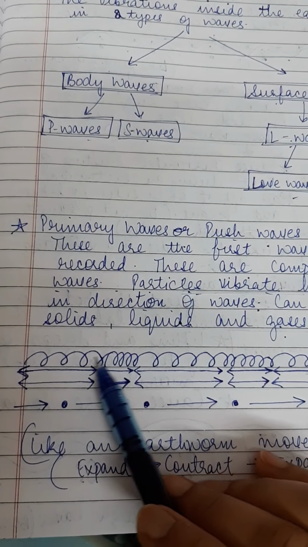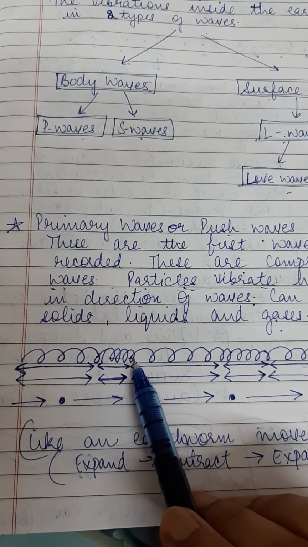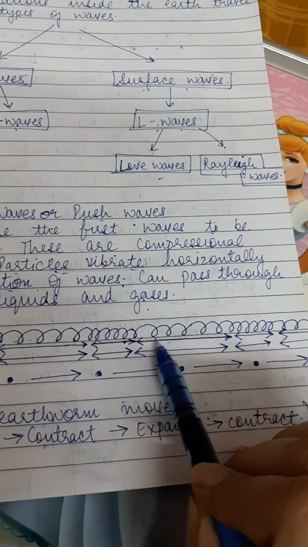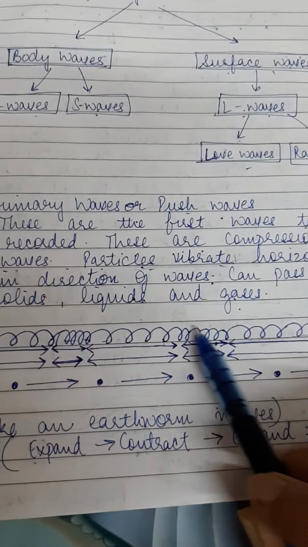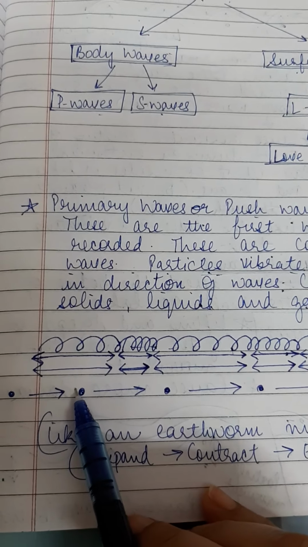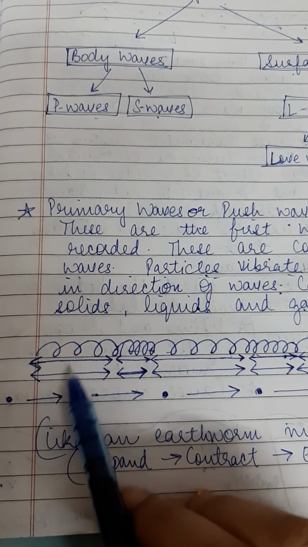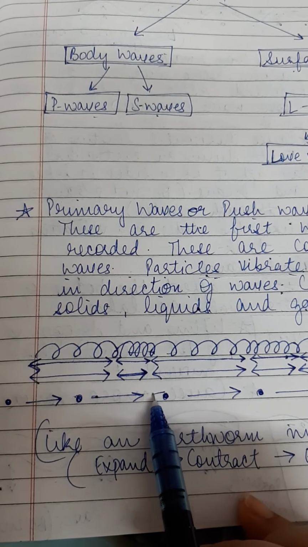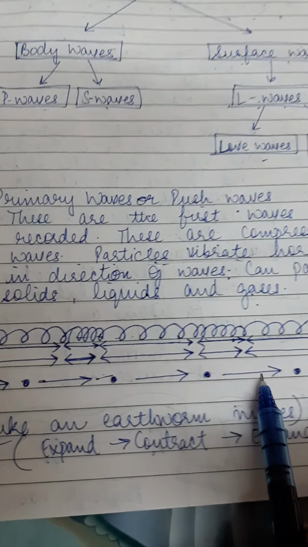Now, this is how the waves move. This is expanding, then contracting, then expanding, then contracting. Now, this is how the waves move, and the particles move with the expansion. When the waves expand, the particle moves, then when they contract, it stops, then again it moves, then it stops, then again it moves.